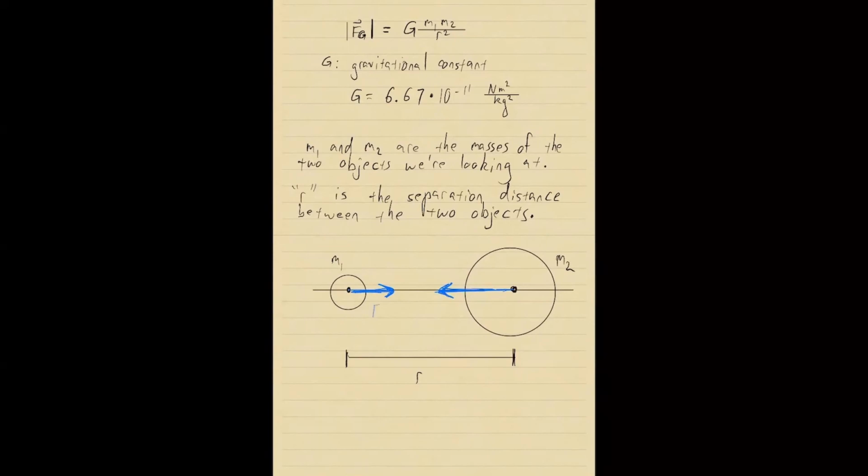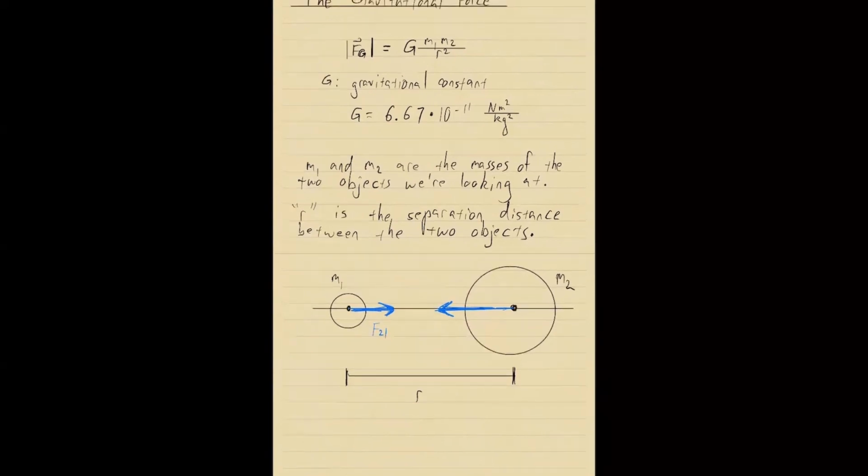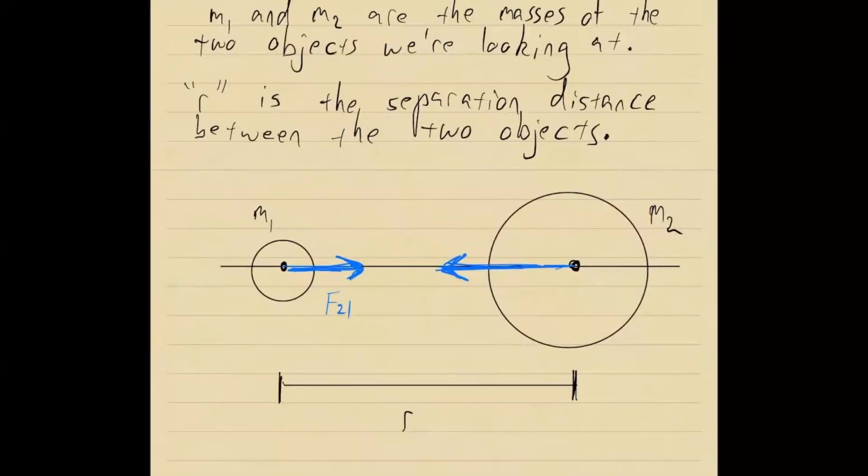So this is F21. We can think of this as the gravitational force of object 2 acting on object 1, which means that this force over here is object 1 acting on object 2. So that's how we read that.